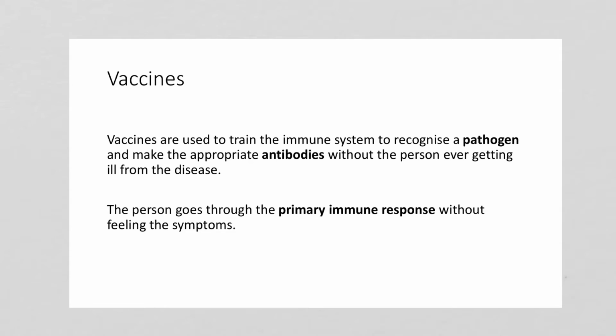Now that has to do with the memory cells. Remember that after the primary immune response, your body has figured out, your leukocytes have figured out how to make the correct antibodies. Once the pathogen's been defeated and destroyed and it isn't in the body anymore, the memory cells, a special type of white blood cell, a leukocyte, remember how to make the antibody specific to that pathogen.